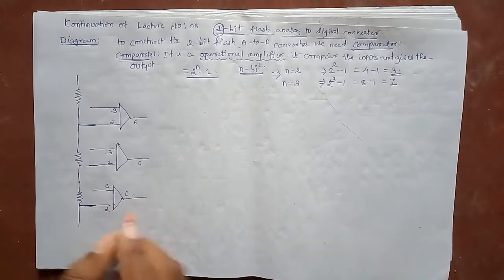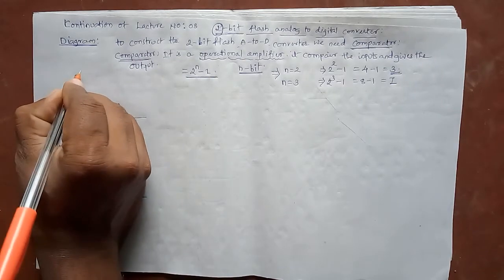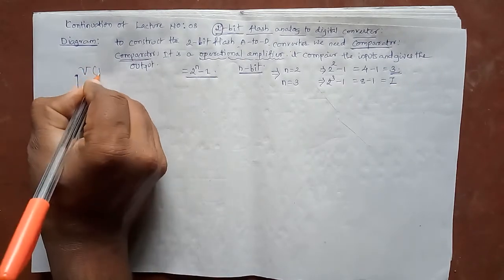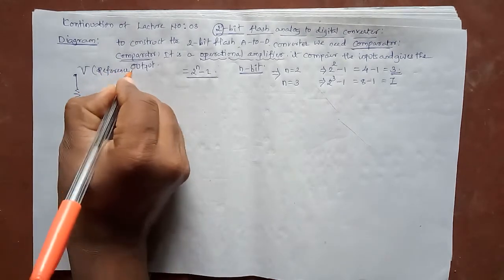See here, terminal 2 of the comparator is given the reference voltage V. V is the reference voltage.